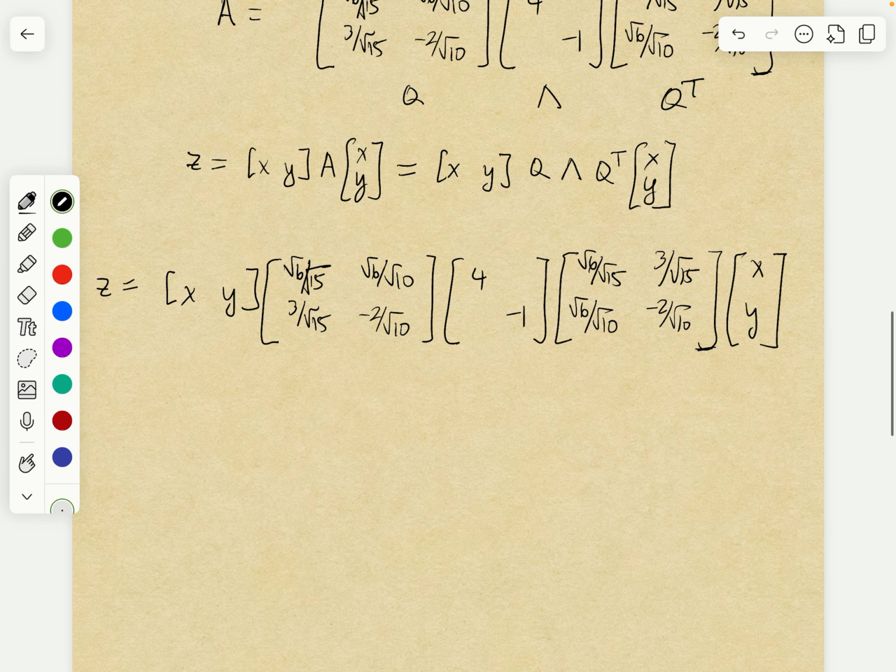Now notice that this part, when you transpose it, you gives this. So let's just multiply those out.